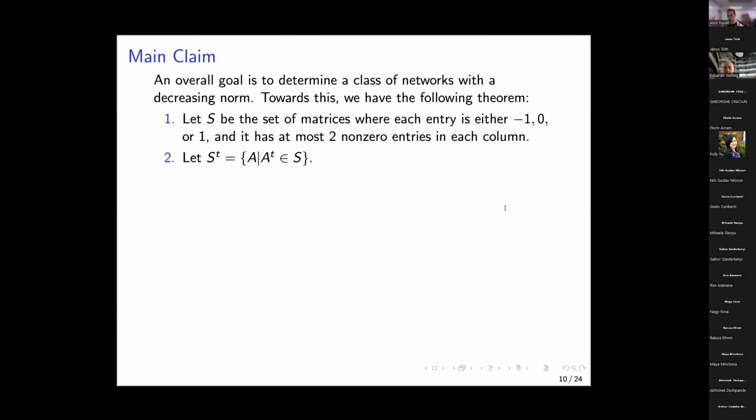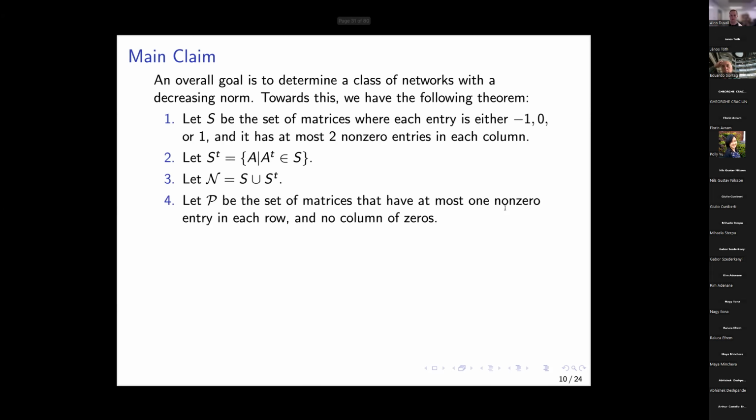S^T is just the dual of these, just transpose the stoichiometric matrix. Let N be the union of all these. P will be a set of matrices where each row has at most 1 non-zero entry, and no column of zeros.